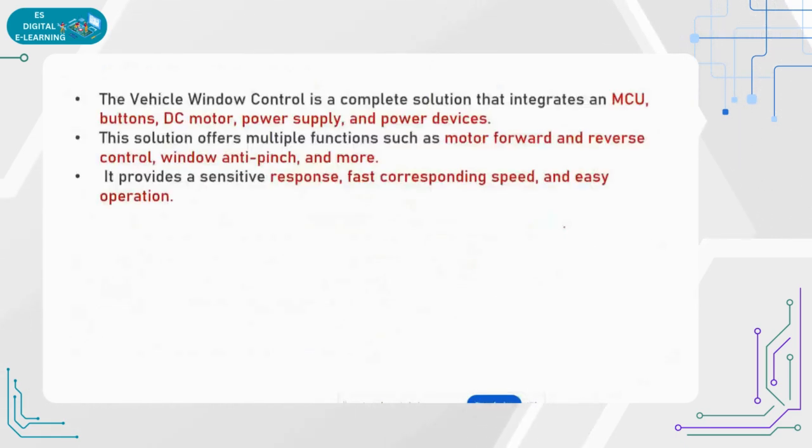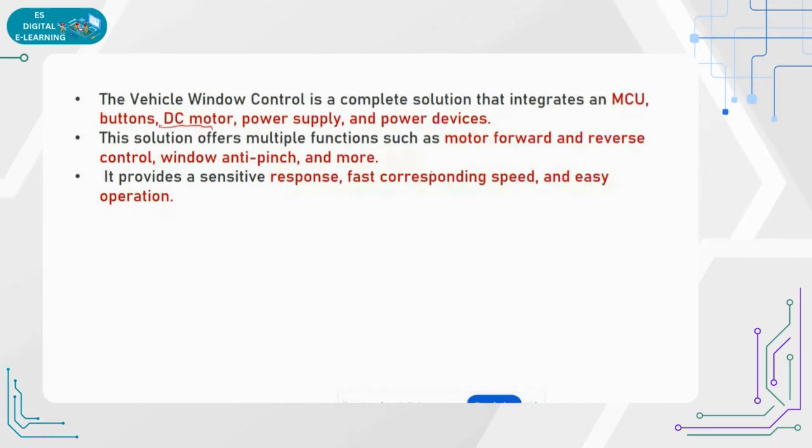So these are the input switches that the driver gives on the vehicle. Whenever the driver gives inputs, it is usually interconnected with the microcontroller, and it has DC motors in it. Because the controller is there, we also need the power supply, so they have the power supply and power devices.